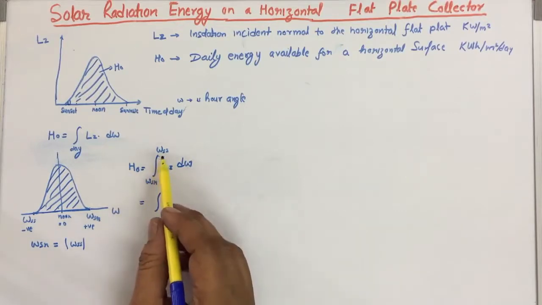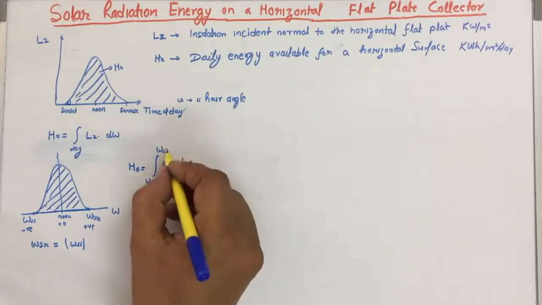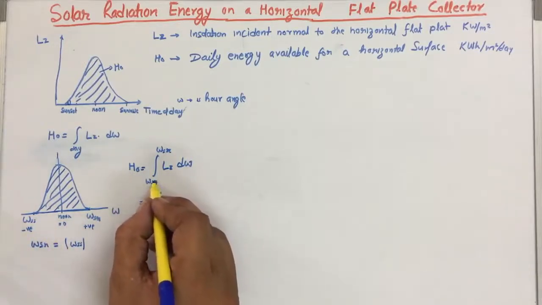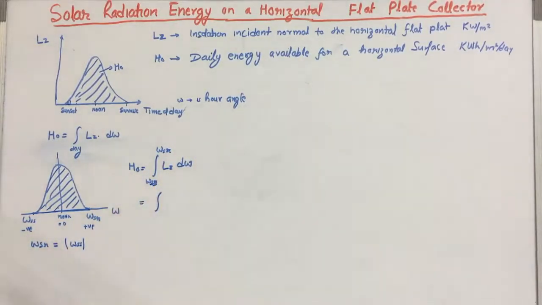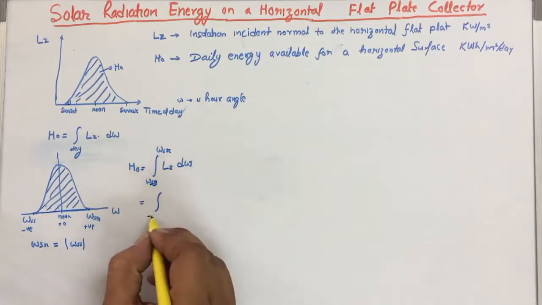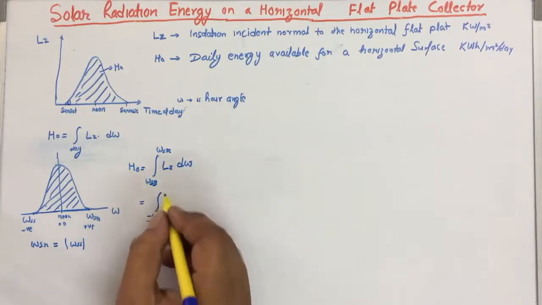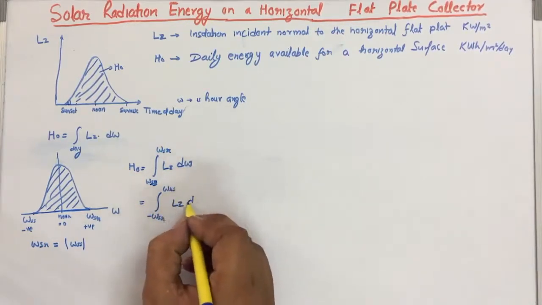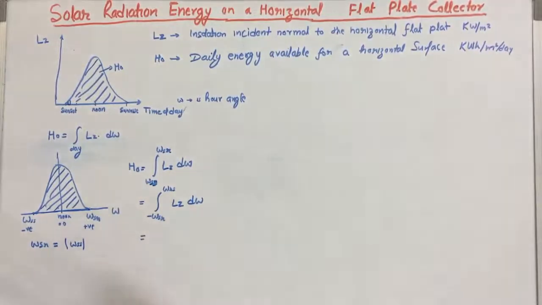It should be final minus initial, from sunset to sunrise, the minimum to maximum. So from here, this is minus sunrise to plus sunrise of LZ dW.